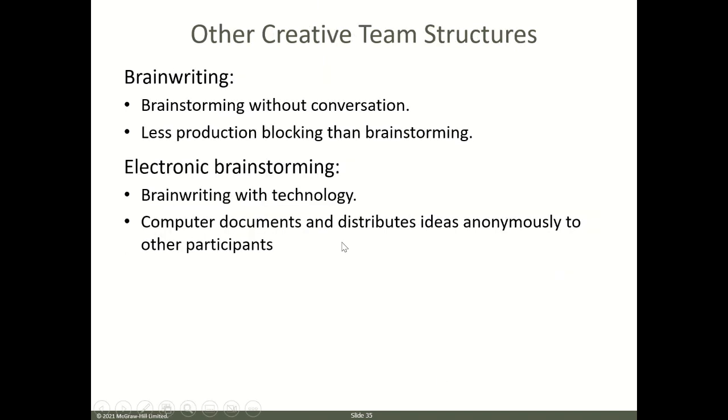Other creative team structures like brainwriting. Brainwriting is one of the tools that minimizes the production blocking by removing conversation during idea generation. Individuals write down and distribute their ideas to others. Individuals have their own creative minds, creative ideas.